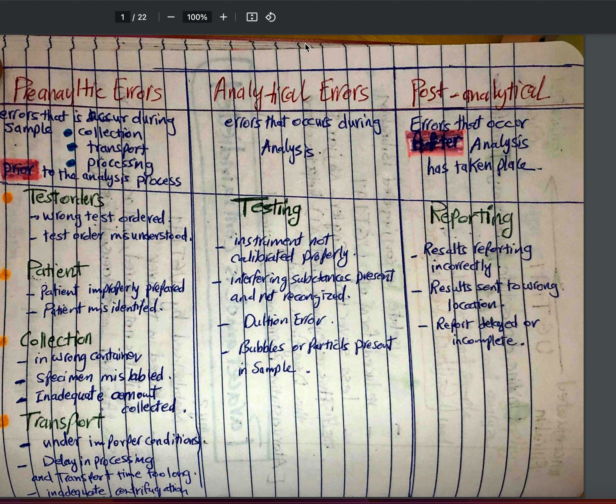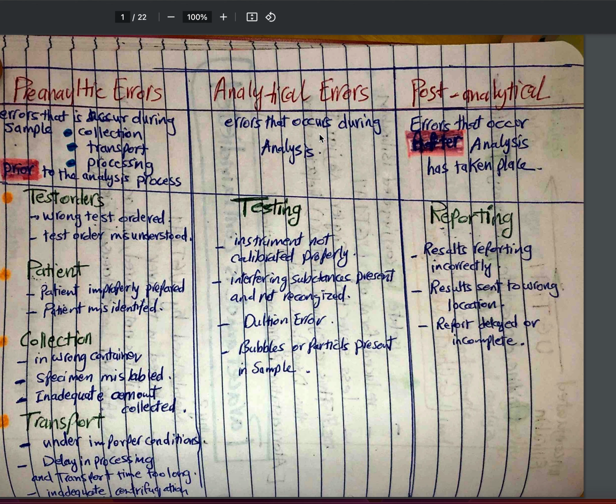Regarding the analytic errors, these are the errors that happen during the analysis, during the testing. Maybe the instrument is not calibrated properly, or there are interfering substances present inside the sample that we don't recognize, and that leads to analytic errors.